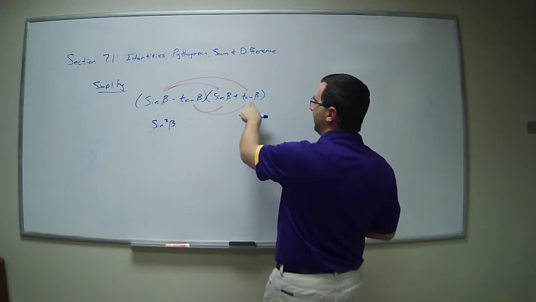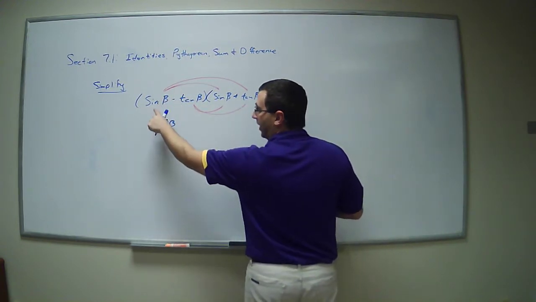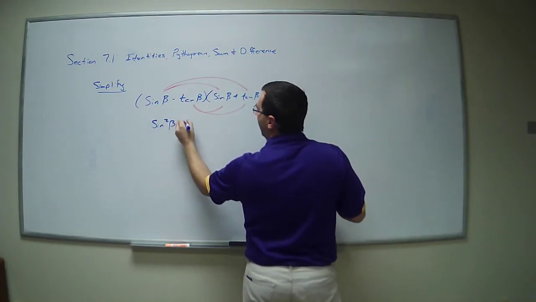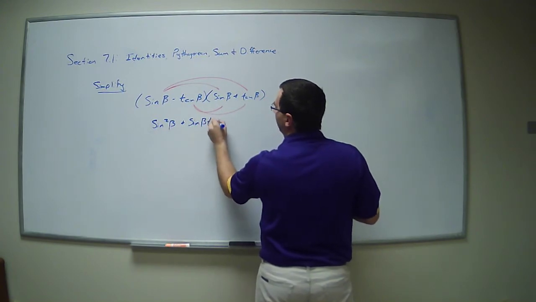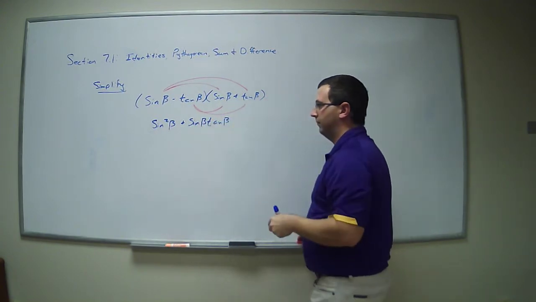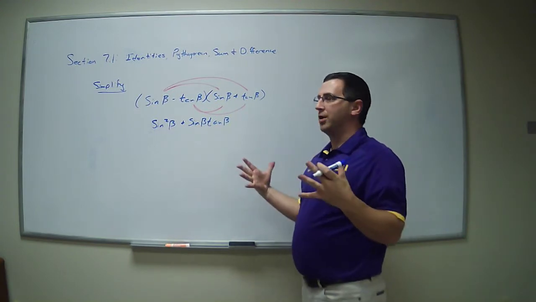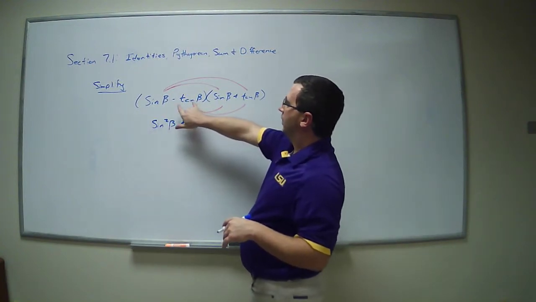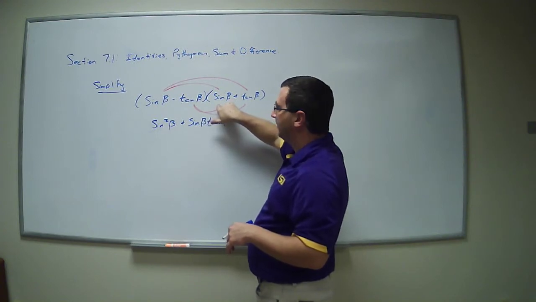Sine times tangent of beta. Let me elaborate. Sine times a positive tangent of beta is positive sine beta tan beta. Okay. Remember, we did the first terms together. Now we did the outer terms together. Now we get to do the inner terms together. So a negative tangent of beta times sine of beta.